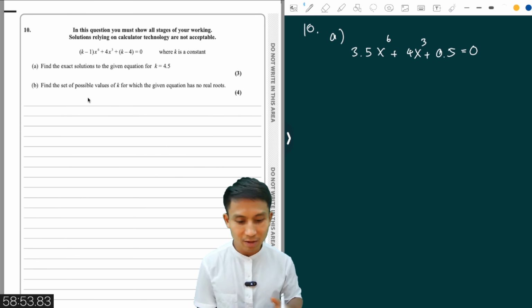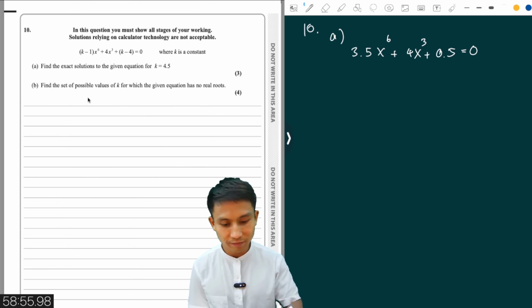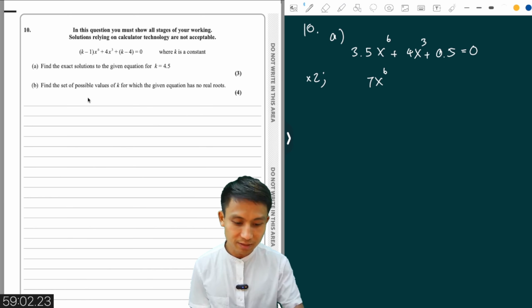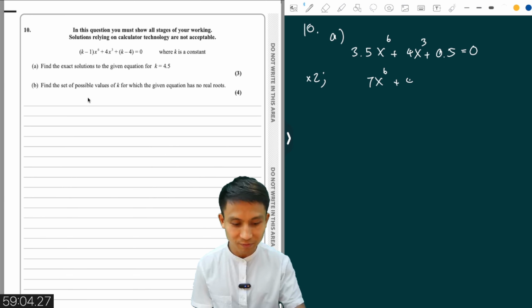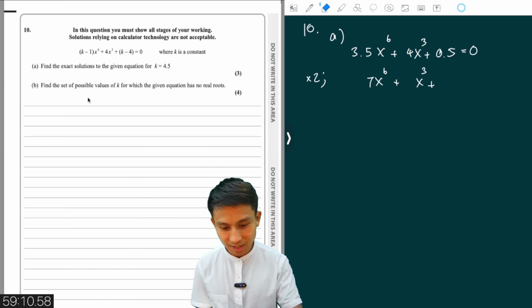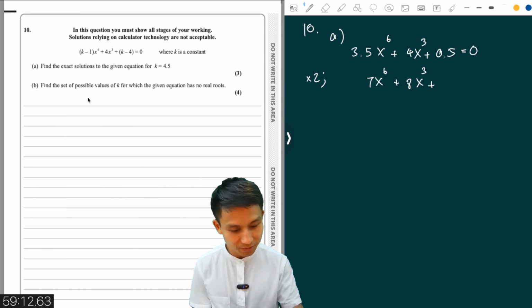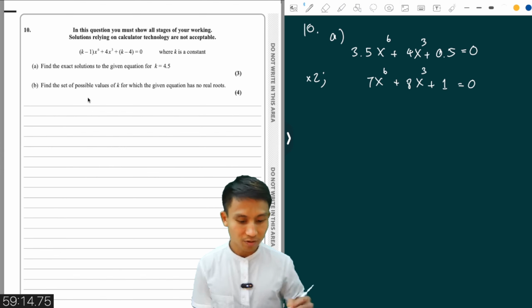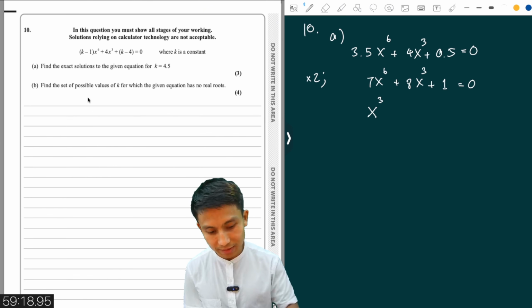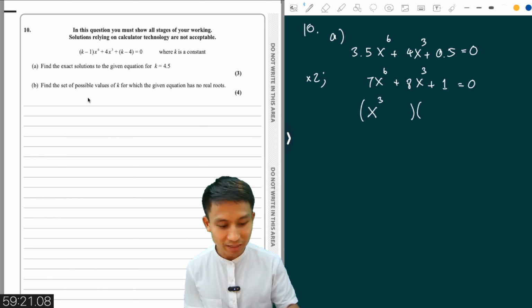Well, I would like to simplify this a little more. If I times everything by 2, I get 7x to the 6 plus 4x cubed plus 1. Wait, no, the middle term is 8. Again, I need to be careful. Well, you can look at this as a quadratic of x cubed.